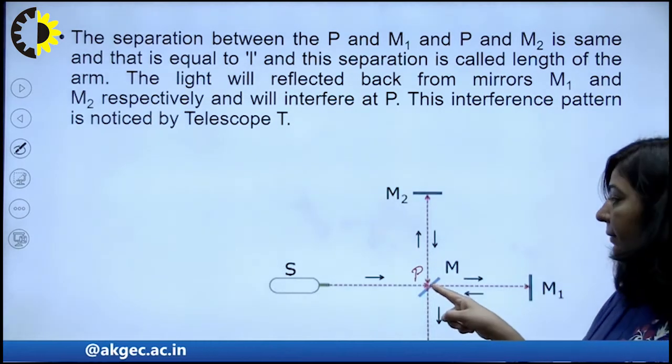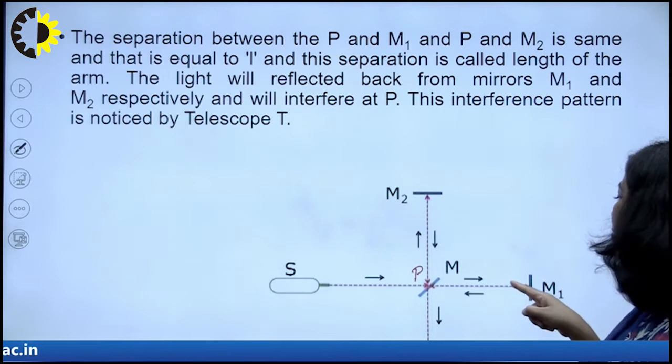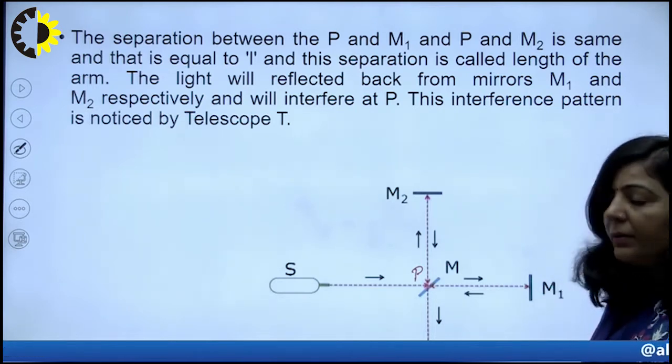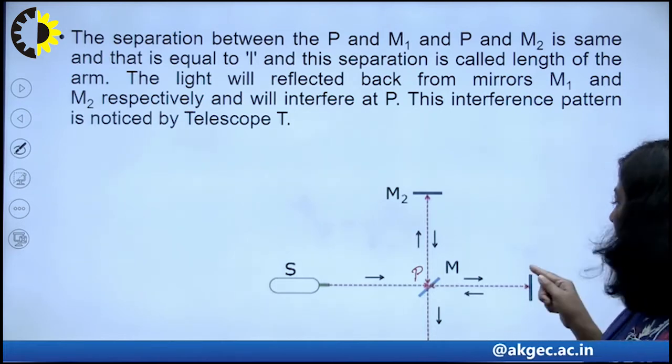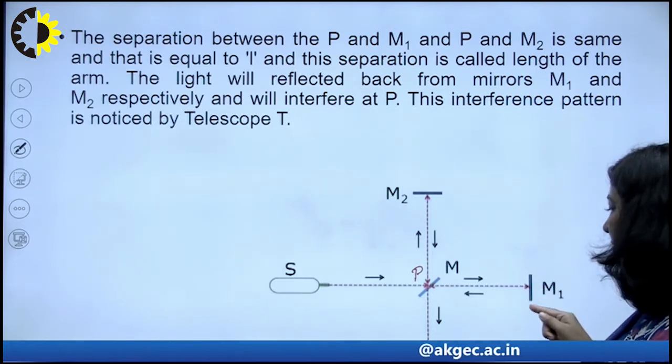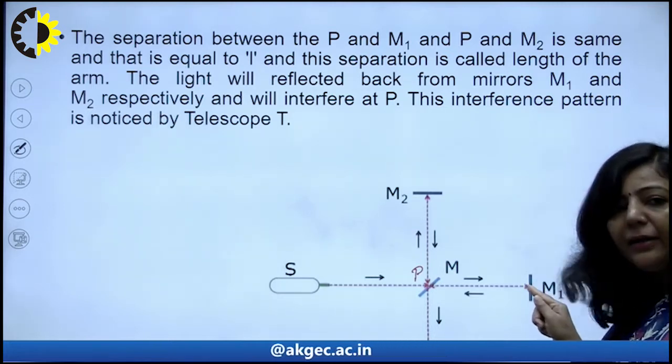So when this light ray, which is transmitted by this glass plate, starts its journey towards M1, it will travel an optical path L. Light will reach this mirror M1, and its front surface is highly reflecting.